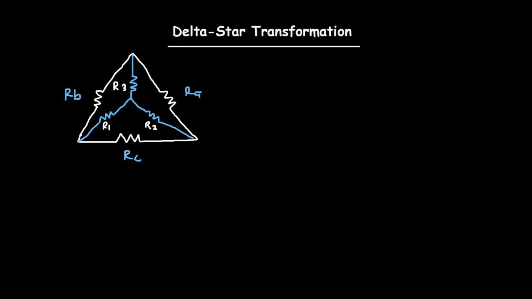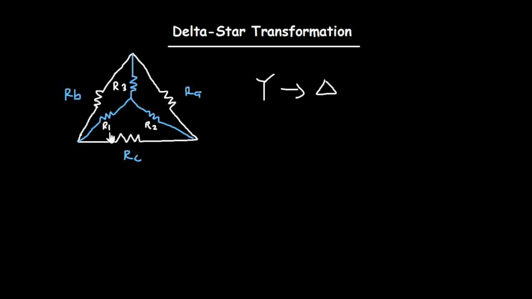Now let's say you are changing from a star network to a delta network. In this case, we have a star network, but I want to change it into a delta network. Before then, let's multiply the values of the star network.